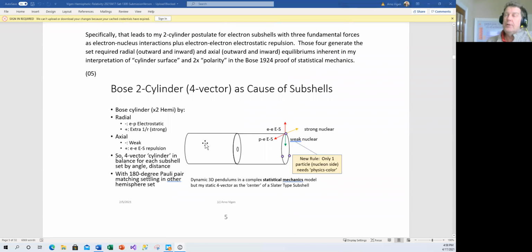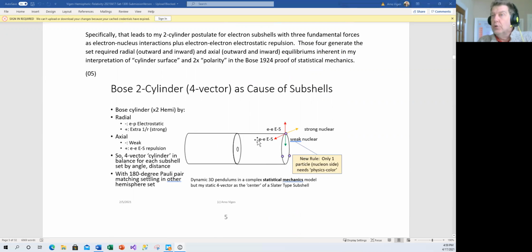Now, the second major object of understanding these subshells is that longitudinal ring here is the electrons in that set all coming out. And they have four forces that keep them in place. Two in the radial direction, outward, and two which are effectively just in this axial direction towards the axis of the nucleus.